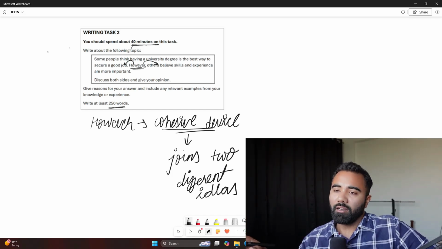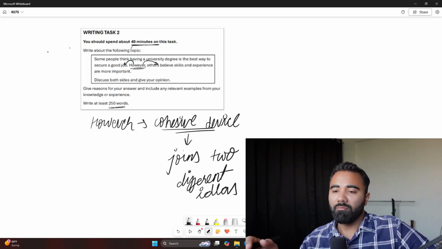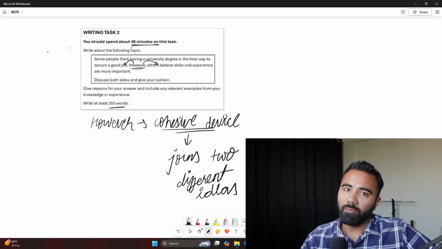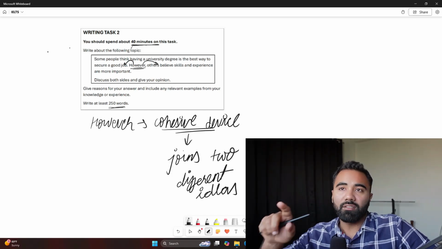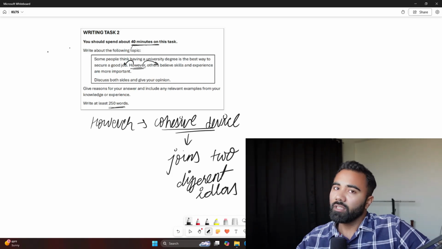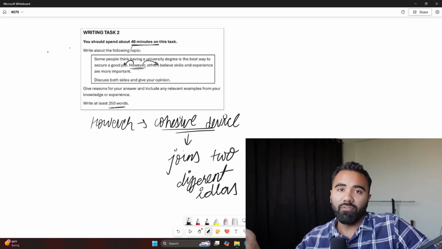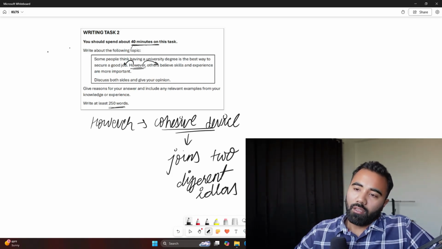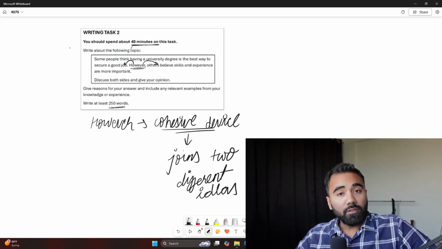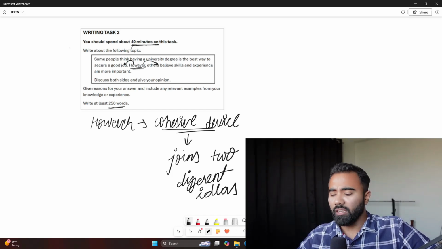The second part, after however, remember, however is a cohesive device that joins two different ideas. So the other idea will be completely different from it. I have not read it so far. I'm just assuming that the other idea will say that a university degree is not required or not necessary for a successful life. However, others believe skills and experience are more important. So there are clearly two paths.